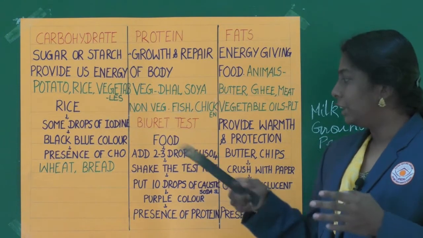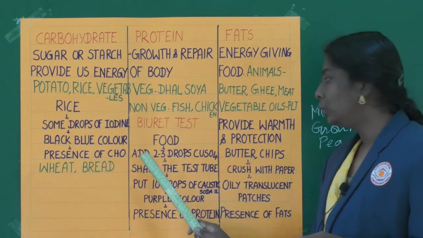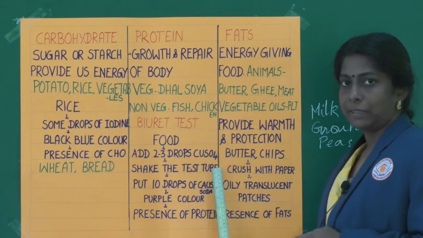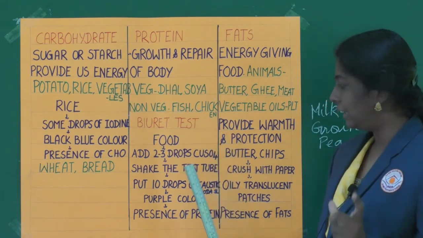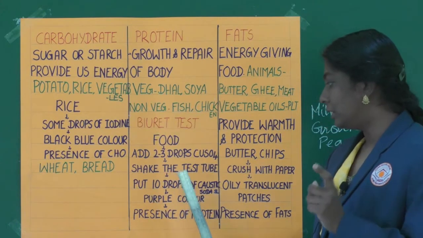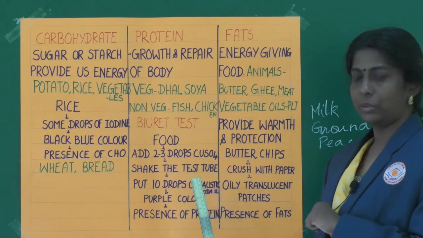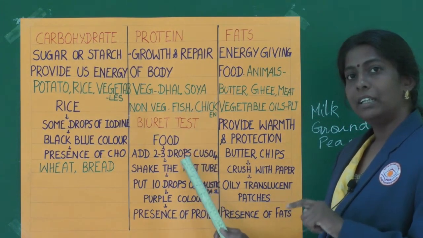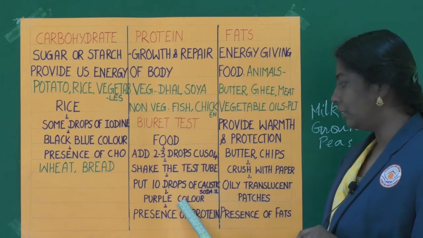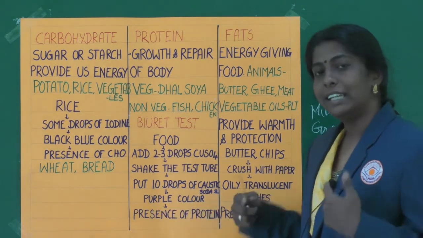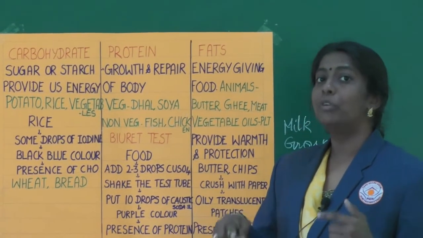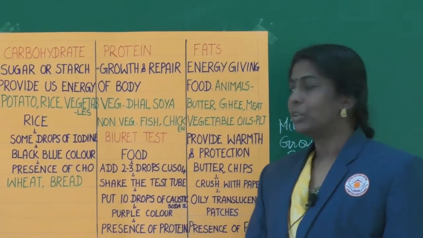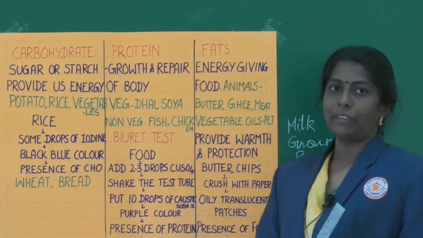Take the food sample, add 2 to 3 drops of copper sulfate, then shake the test tube well, and then put 10 drops of caustic soda. You will get a color change, purple color. This purple color is the indication of the presence of protein in your given food sample. Clear? So this is the Biuret test.